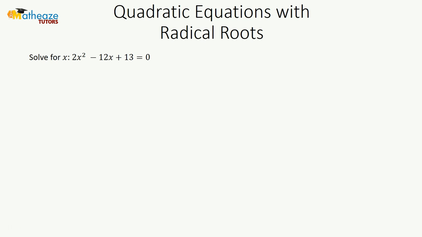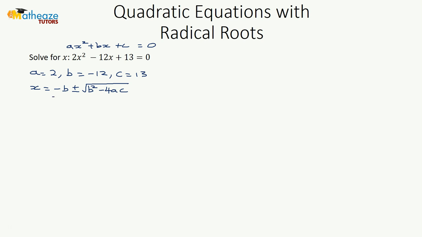Now we start off with our ax squared plus bx plus c equal to 0. So when we compare, a is equal to 2, b is equal to negative 12, and c is equal to 13. But we know that x is equal to negative b plus or minus the square root of b squared minus 4ac, over 2a.